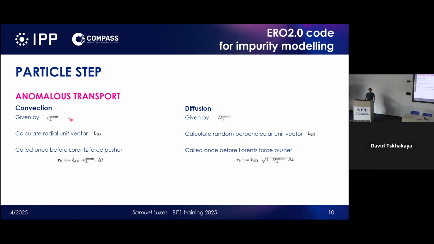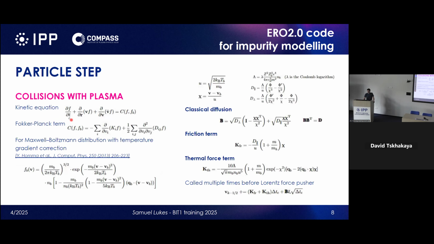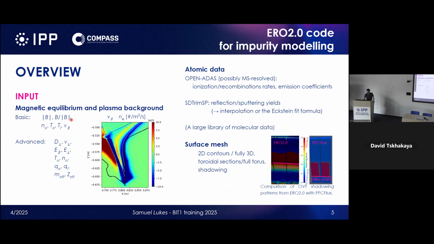I had a last quick question. I just wanted to know what kind of resolution you impose in your simulations. You mentioned you use meshing. Can you use adaptive gridding? I've been warned by my colleagues from Jülich, who are the developers, that I should be more specific about what I mean by the mesh. I do not mean the mesh of the background plasma, which is a completely different thing. I mean just the mesh of the surface of the plasma facing components.